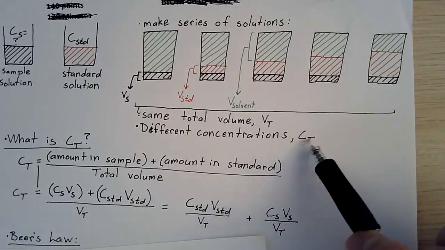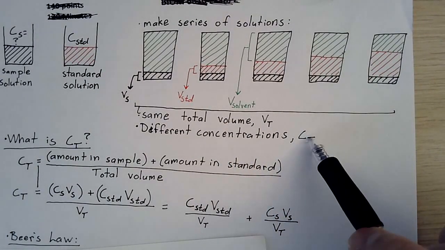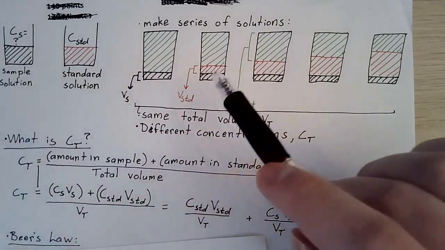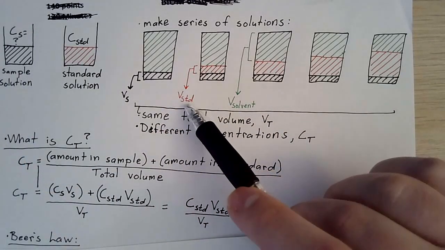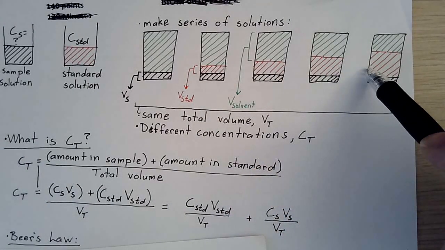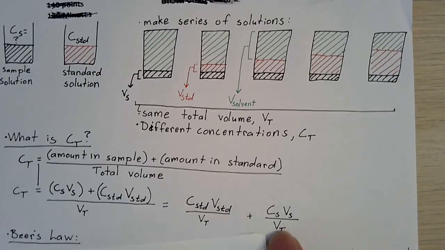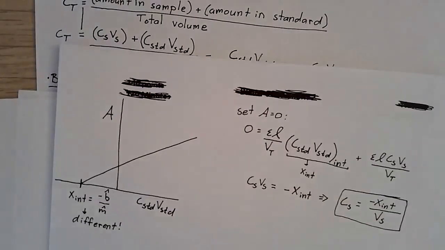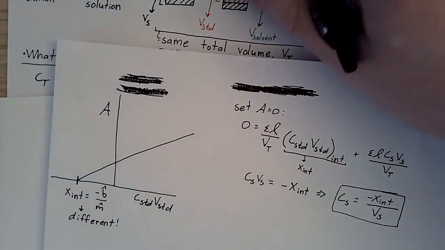Of course, the total concentration in each one of the solutions changes, but you don't know the total concentration because you don't know the concentration of the sample solution. But you do know how much volume of the standard solution you added to each one, and that's something that you can plot against. So two other options that you might plot are as follows, and they'll get the same results from each one.